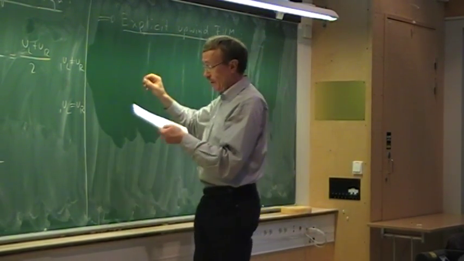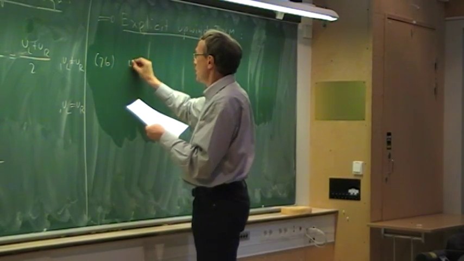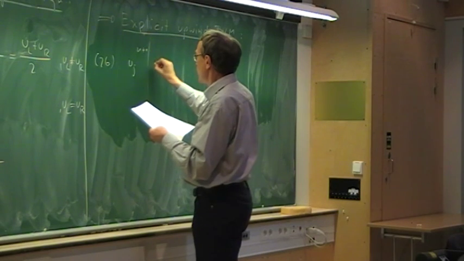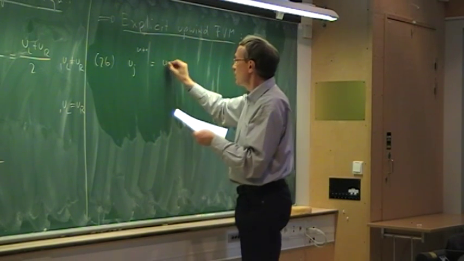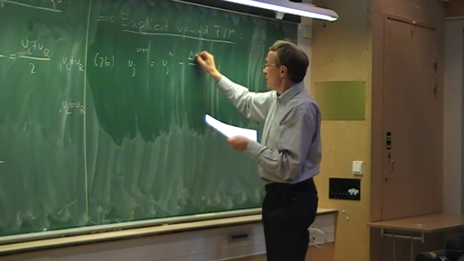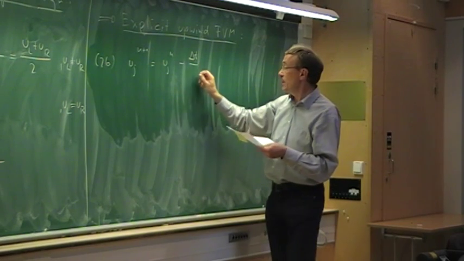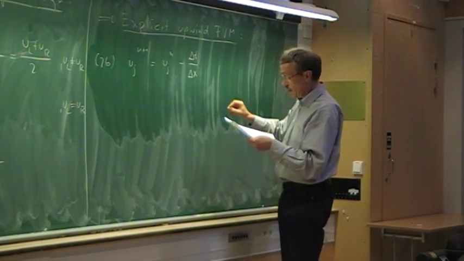We would have u_j^{n+1} is equal to u_j^n minus, multiplied by delta t divided by delta x, so we get that in this form.